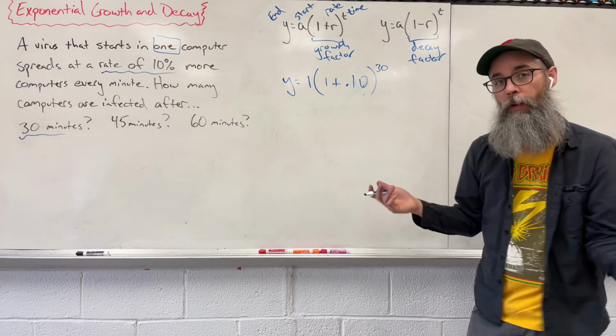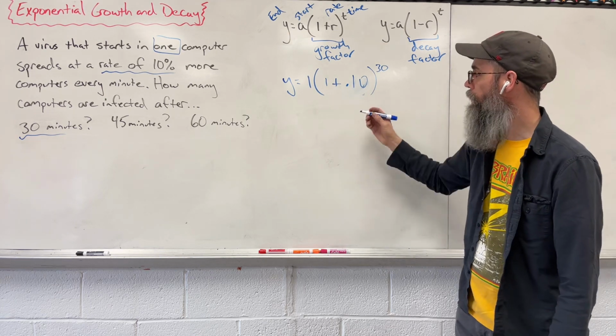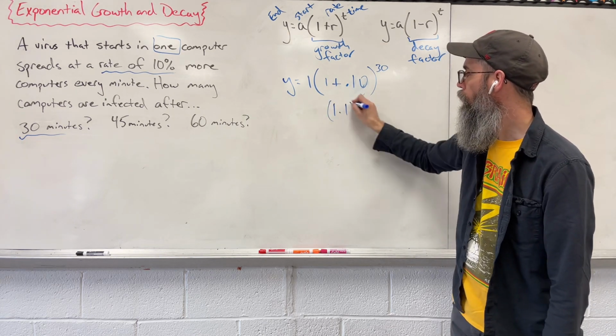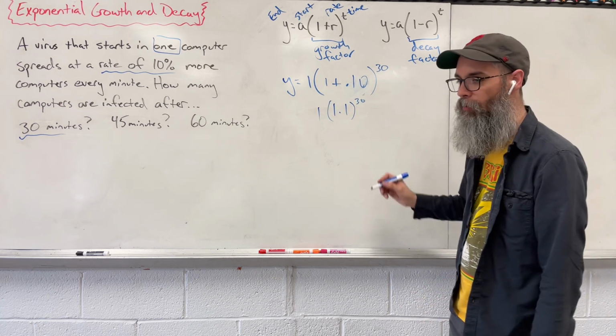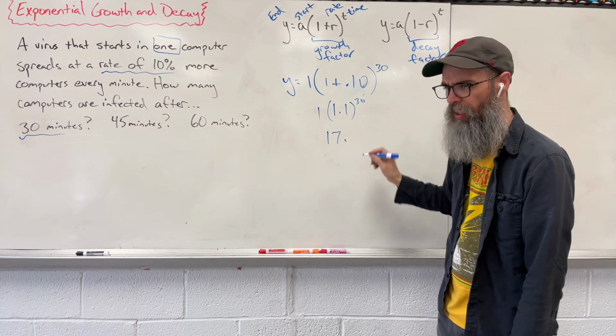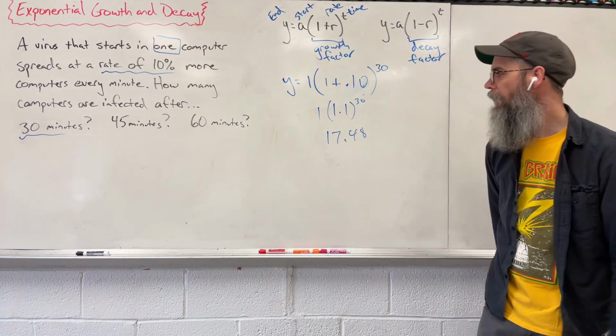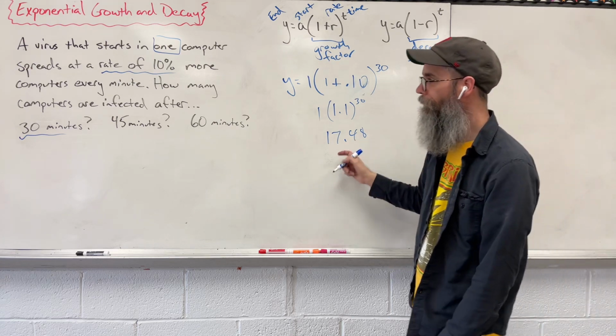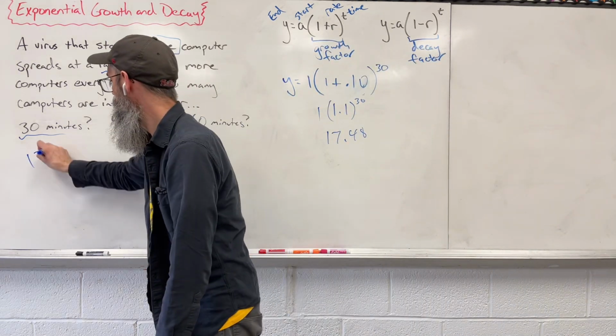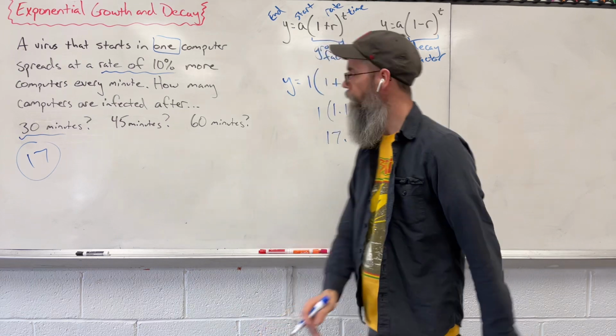Now, order of operations. 1 plus that gives us 1.1. Raise that to the 30th power, and we'll end up with 17.48. I'm going to take this multiplied by 1, but you're still there. So after 30 minutes, 17 computers are infected.